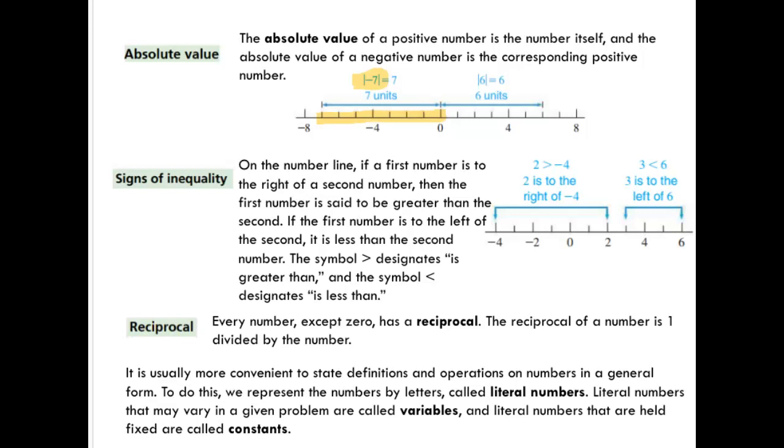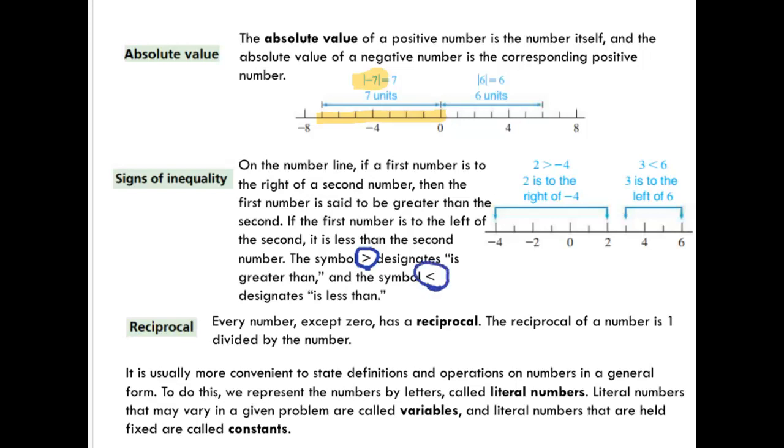Well, when we consider comparing these numbers on the number line, we're going to be using symbols such as greater than. That's the one that opens to the right. That's a greater than symbol, and a less than symbol.